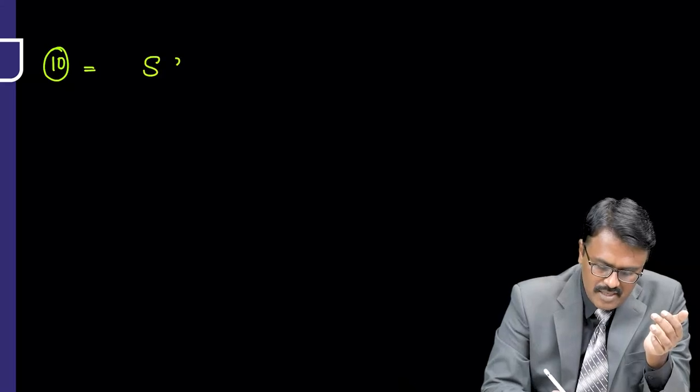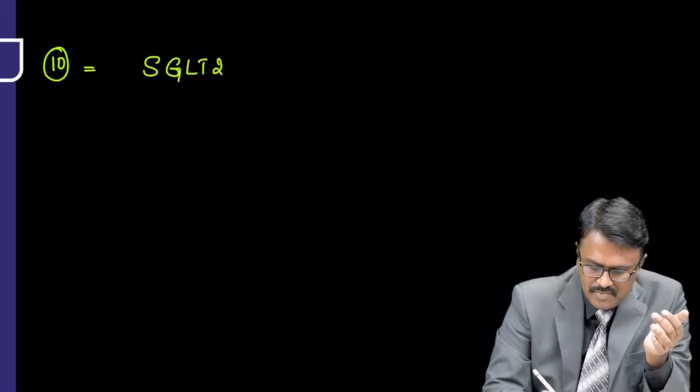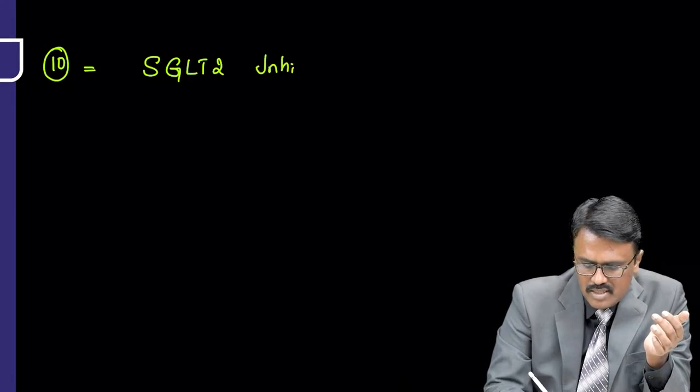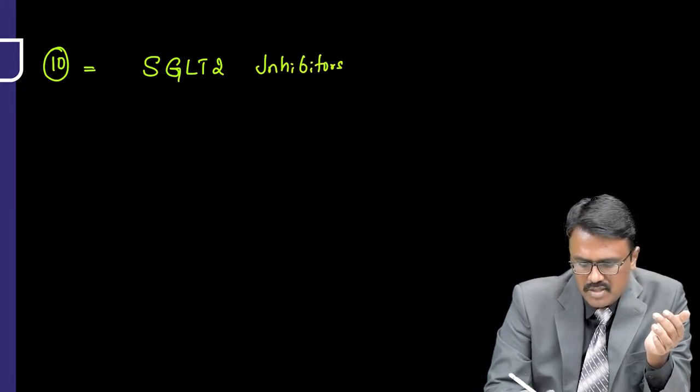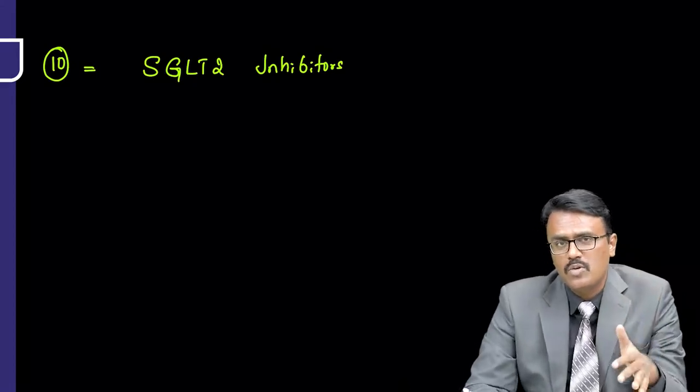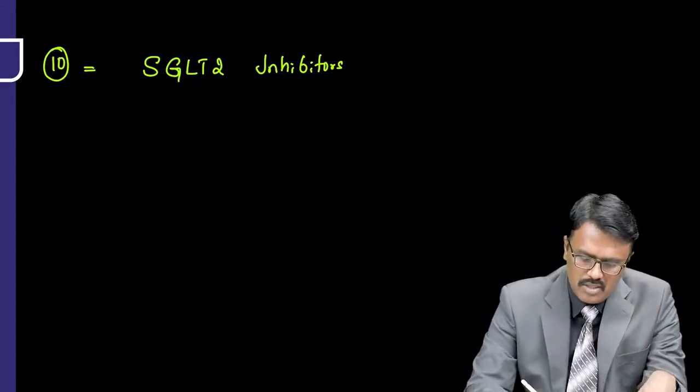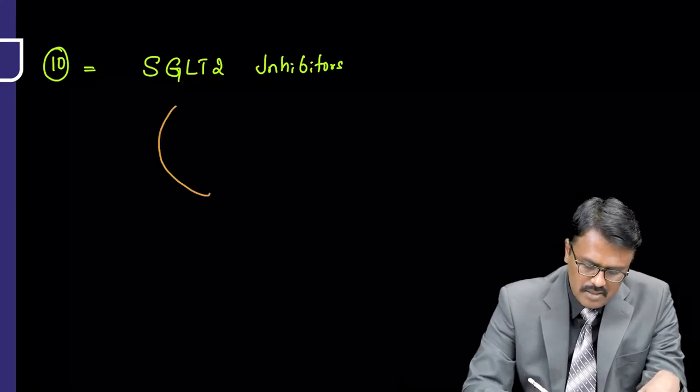Moving on to the next target, the 10th target. The 10th target is what we mean by SGLT2 inhibitors. The name itself is telling you sodium glucose transporter 2 inhibitor. Their site of action is in the nephron.